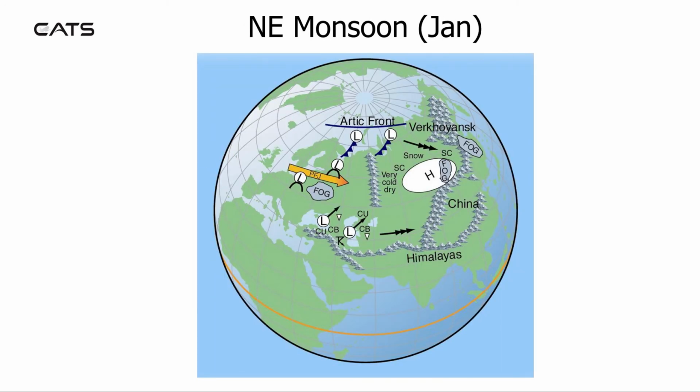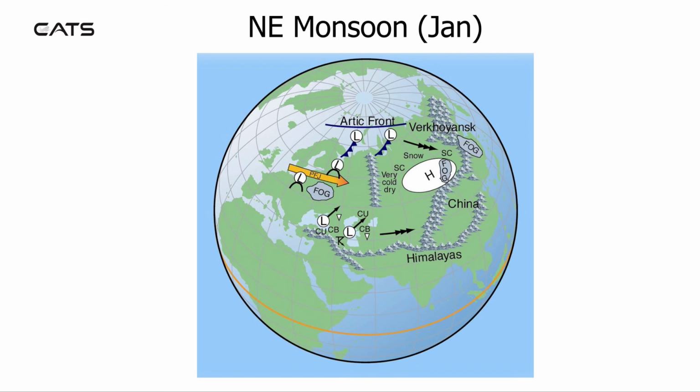Northeast monsoon, January. This originates over the Siberian High in Russia, initially with a northwesterly outflow, which turns right and becomes a northeasterly flow, tracking either inland over China towards the Himalayas and India, or along the sea where it gathers moisture.